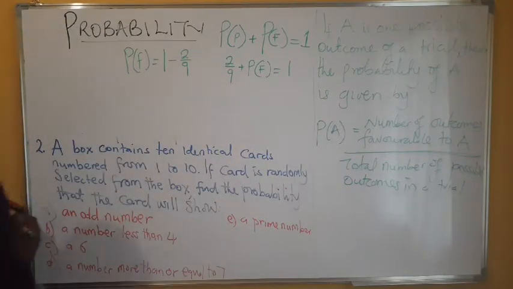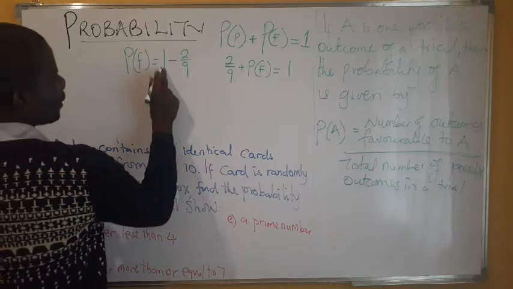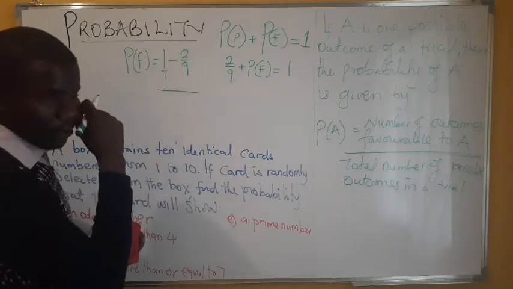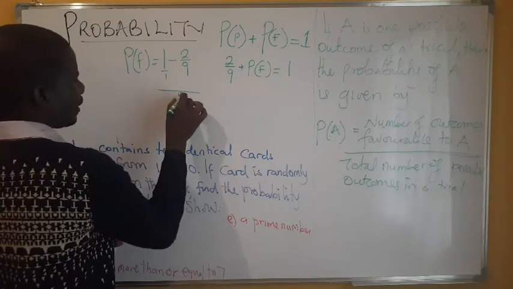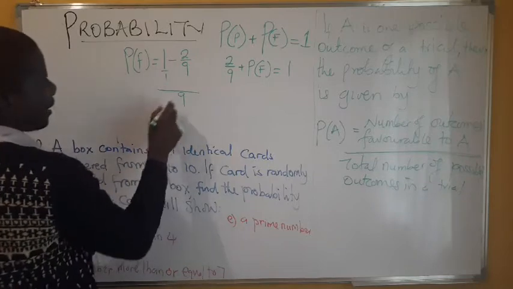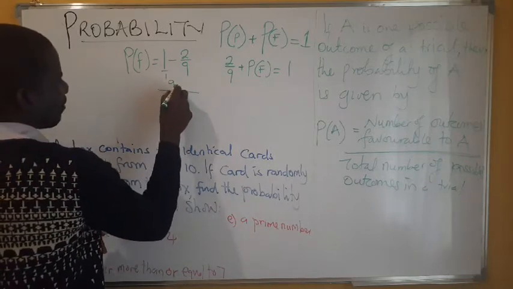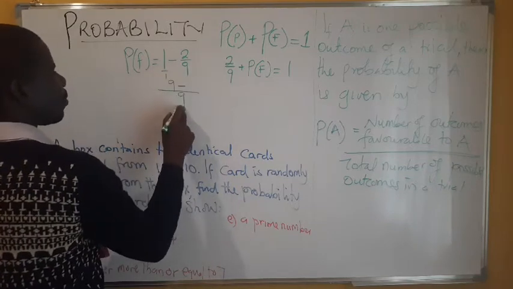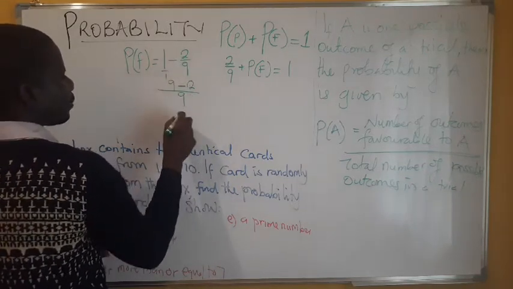We put 1 here, then we find our lowest common multiple, which is 9. 1 into 9 is 9, 9 multiplied by 1 gives 9, minus 9 into 9 is 1, 1 multiplied by 2 is 2.